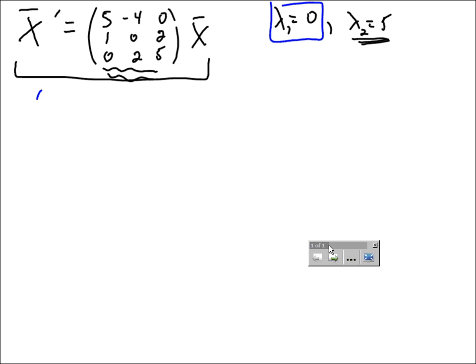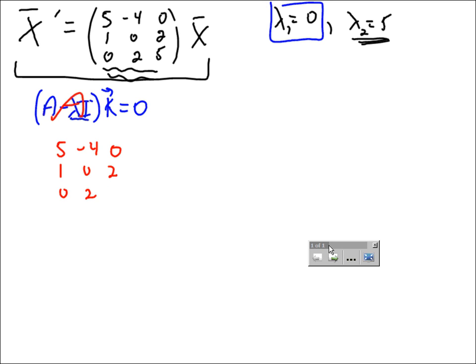That is, we want to do A minus lambda I times K equal to 0. If lambda is 0, 0 times the identity matrix is the 0 matrix, and A minus the 0 matrix is just A. So we have 5, negative 4, 0, 1, 0, 2, 0, 2, 5.